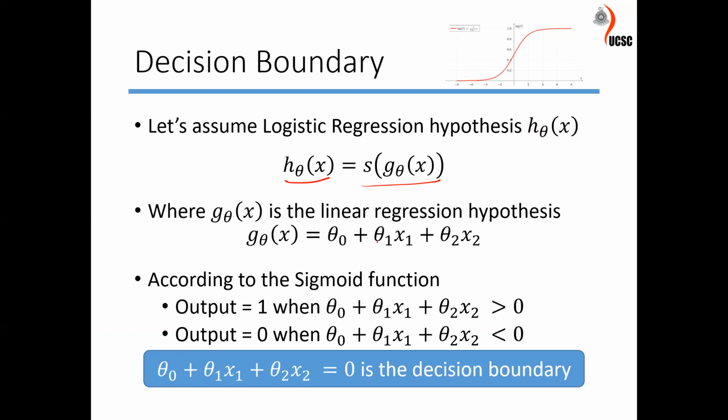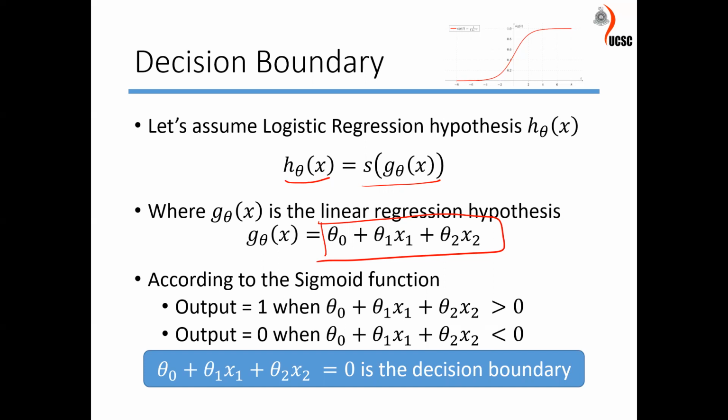It started from theta 0 and goes until theta d. In this case, we have theta 2. So this is our linear regression hypothesis.